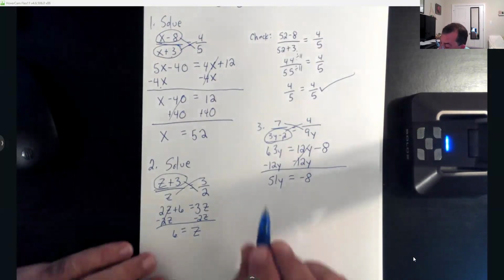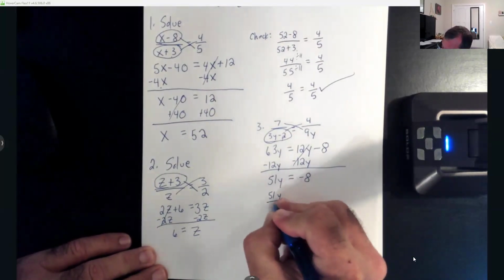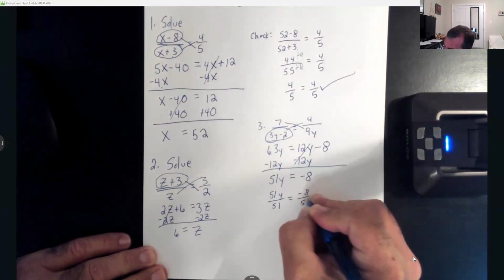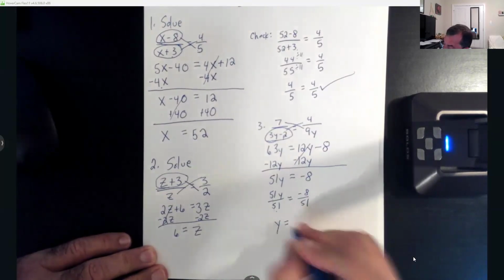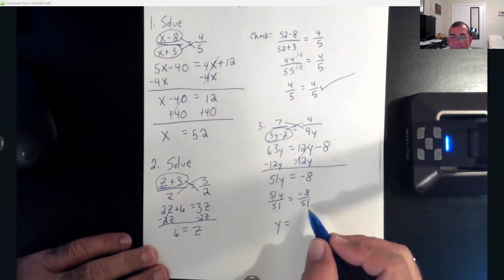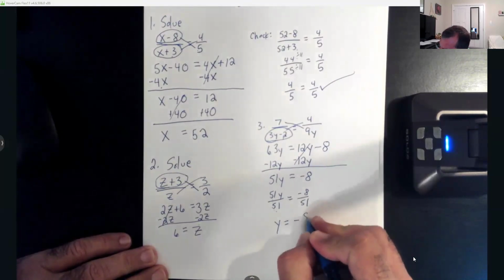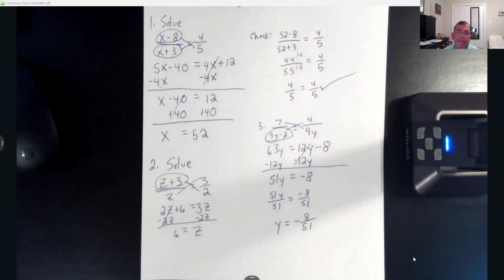All right, so it looks like our last step, divide both sides by 51. And that'll equal negative 8 divided by 51. So those cancel, giving me my y. And y'all, I'm trying to think, I don't think that one will simplify, so that gives me a negative 8 over 51.